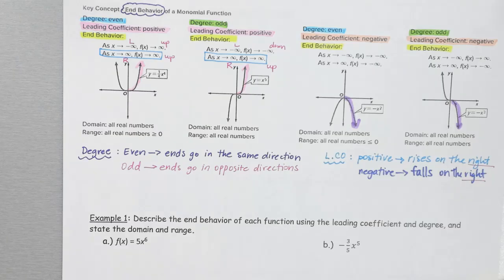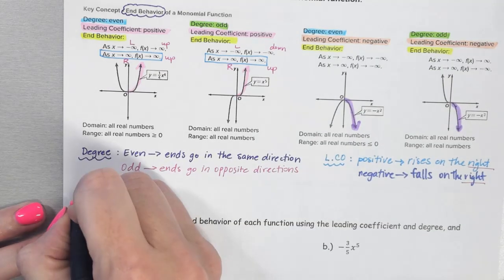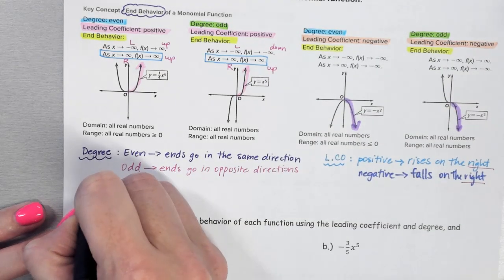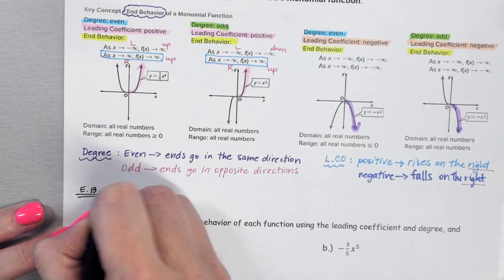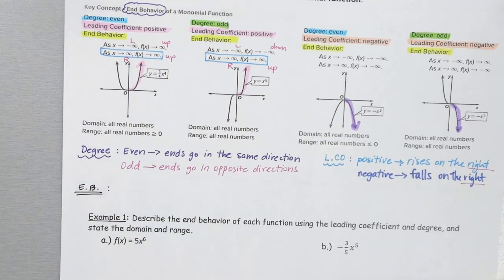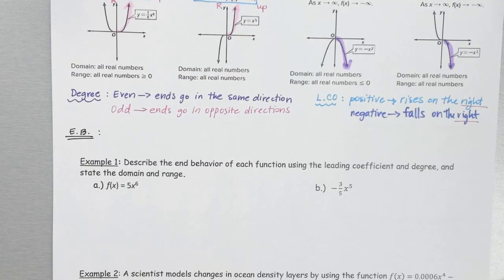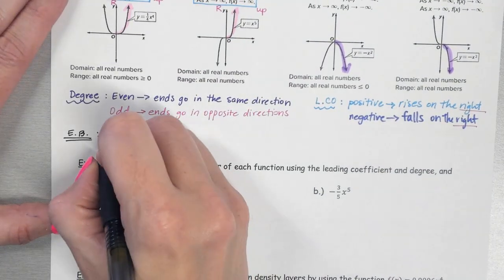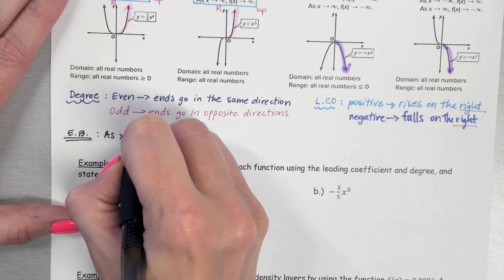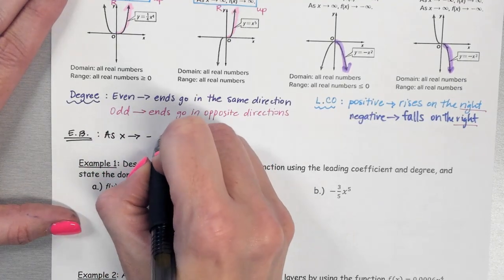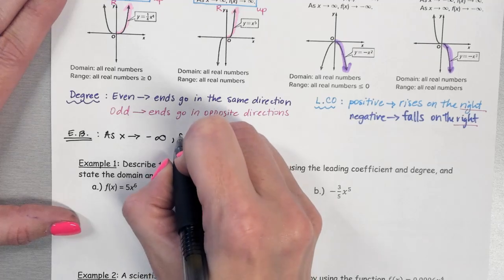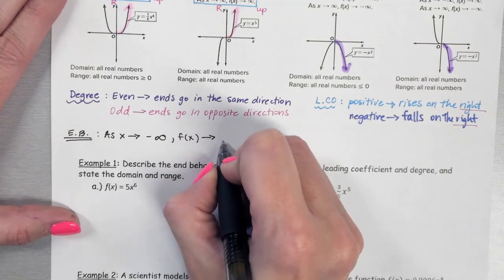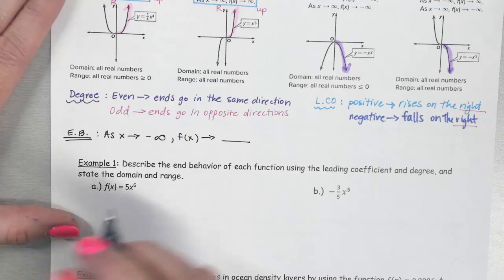So when we're creating our statement, we're going to call this the EB statement. And I notice some of you might not have room here. That's okay. You can squeeze it in where you have room. Okay, so as x goes to negative infinity, f of x goes, and then that changes based on your graph.